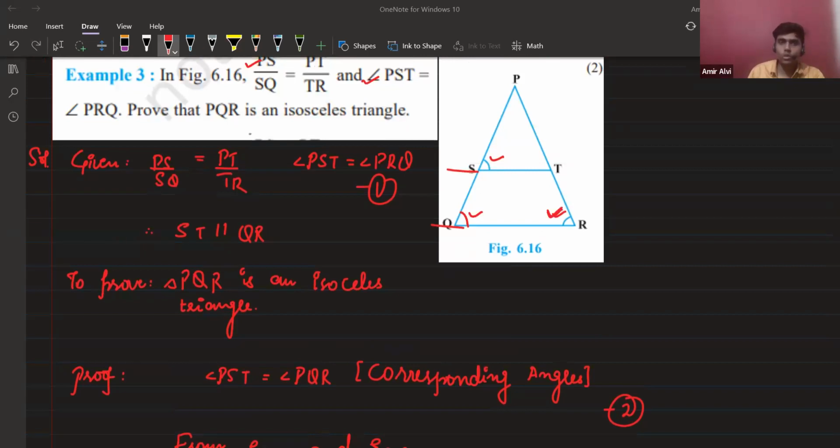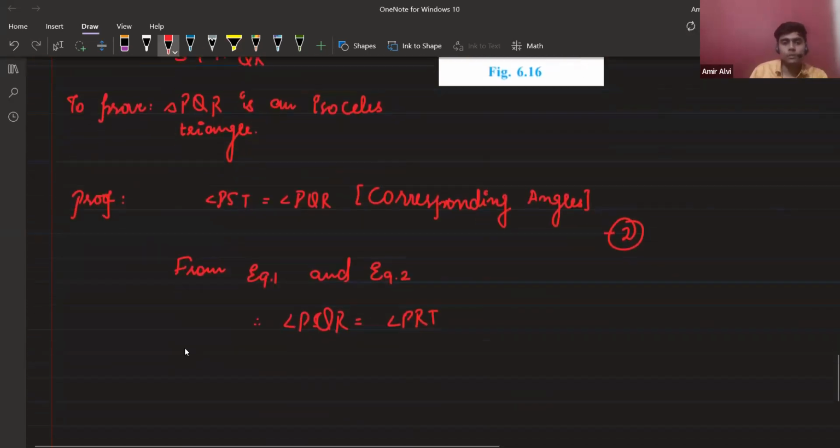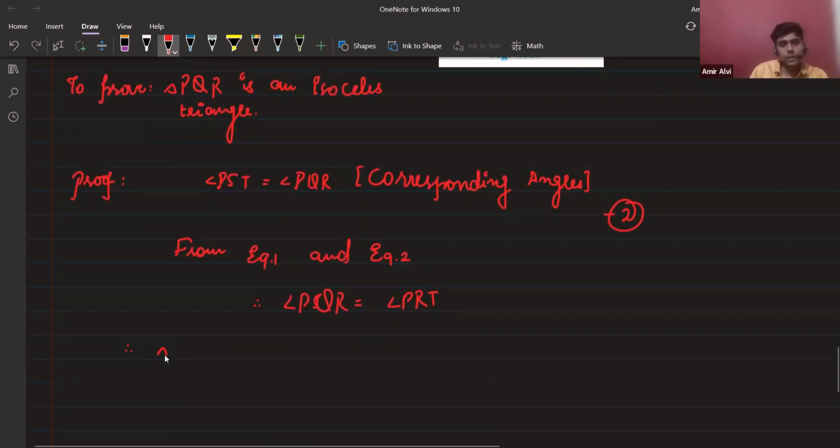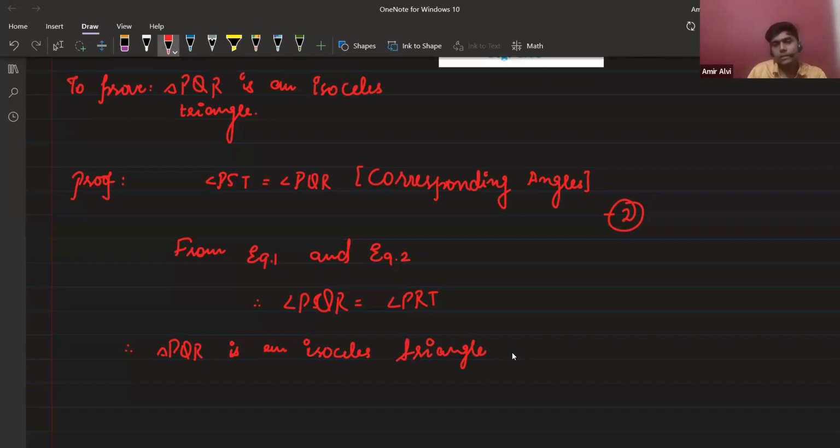Yes or no? Yes. So that's why triangle PQR is an isosceles triangle. Clear, Adil? That's what we needed to prove. Hence proved.